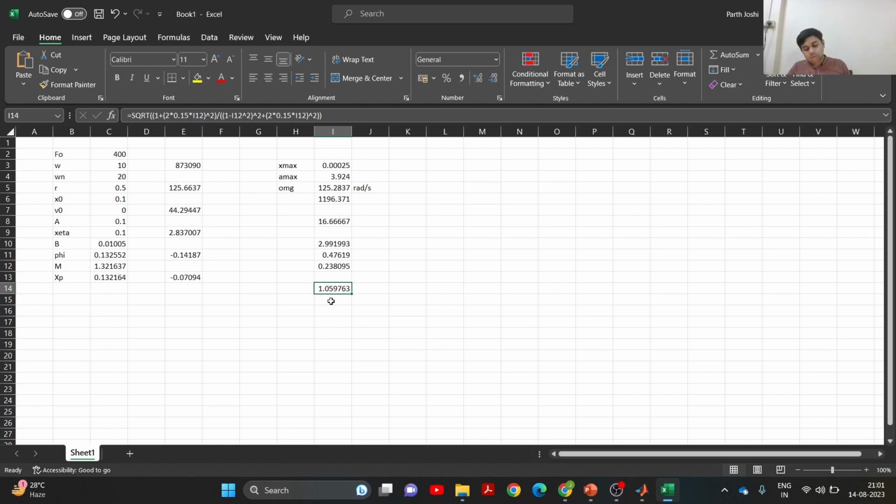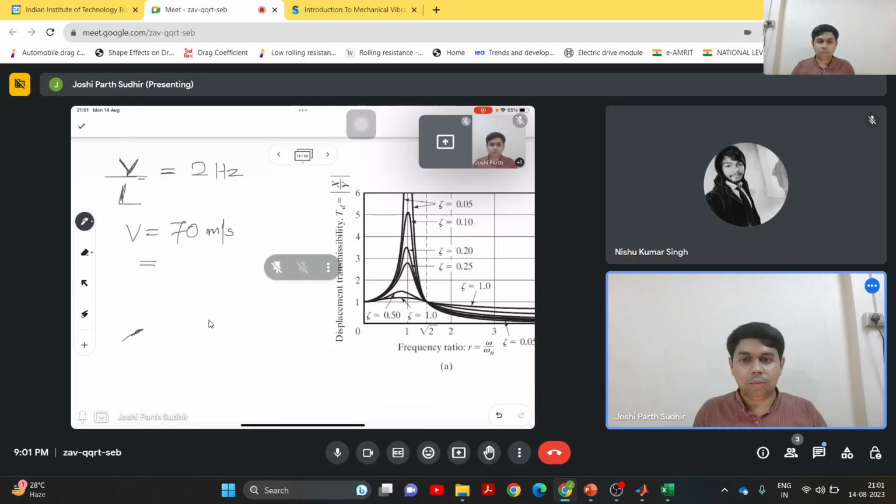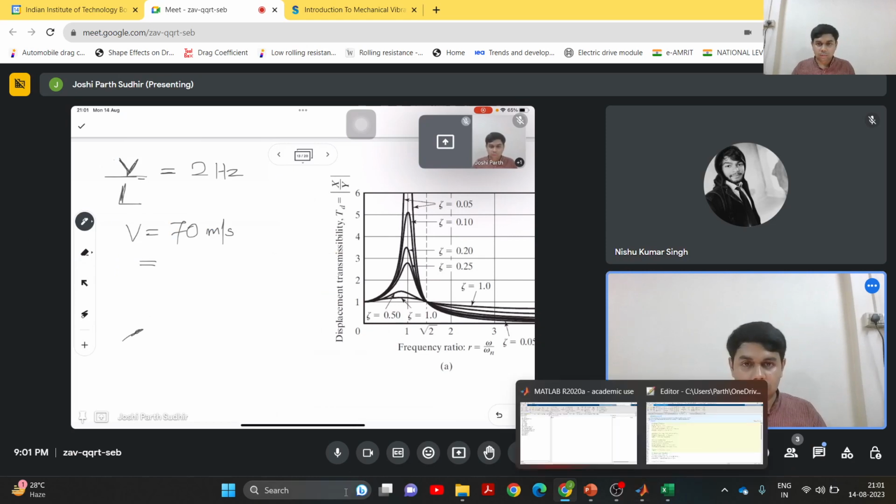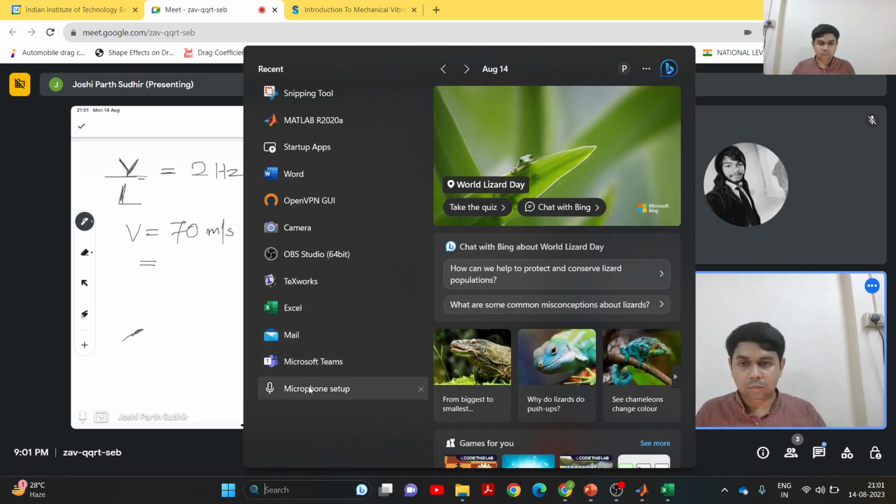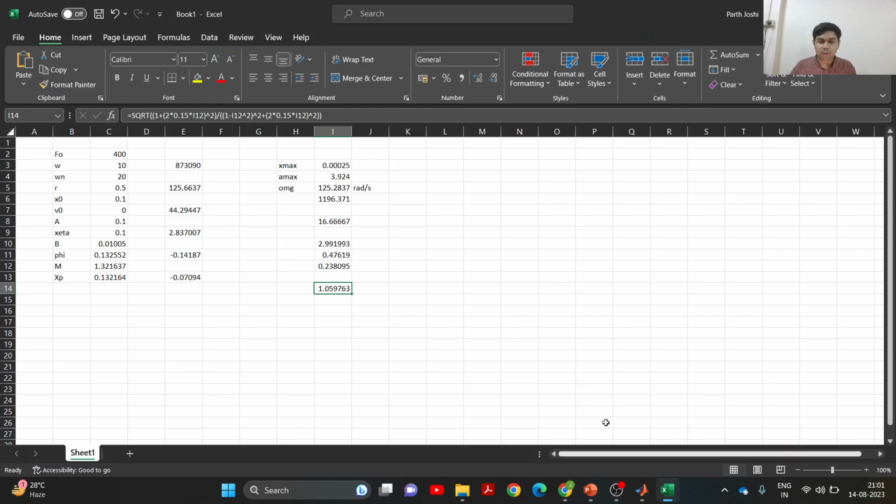So when v is equal to 70 meters per second, if you want to convert this into kilometers per hour, we will multiply 70 into 3.6.